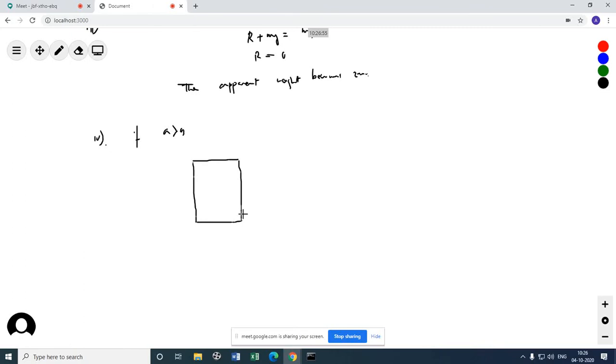The acceleration is now greater than g. What do you guess will happen now? You are going upwards, you can see R plus mg will be equal to ma, right? So R is equal to m into a minus g, a being greater.